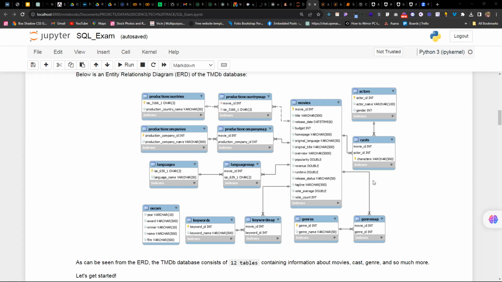Basically, I just looked for tables that can connect genre to keywords, and in between them, the two connecting tables are genre map and keyword map. I don't know if that makes sense. Yes, it does. Thank you so much. Awesome, beautiful. Thank you for that.